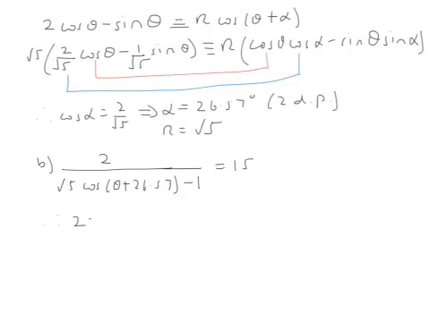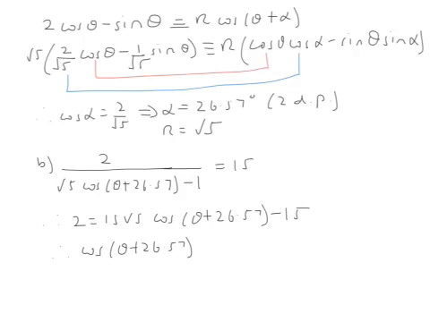So therefore 2 equals 15 root 5 cos theta plus 26.57 minus 15. Therefore cos theta plus 26.57 is 2 plus 15, that's 17, over 15 root 5.